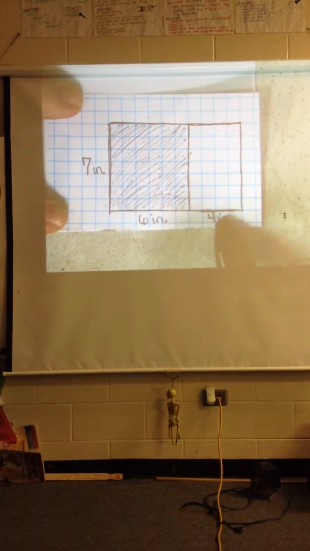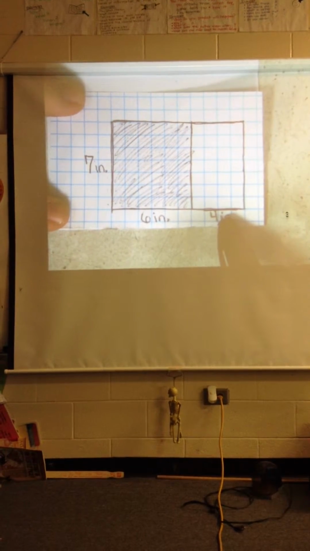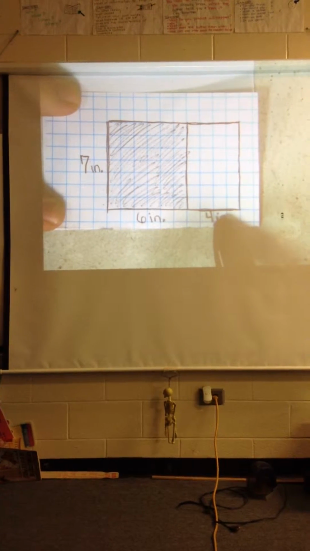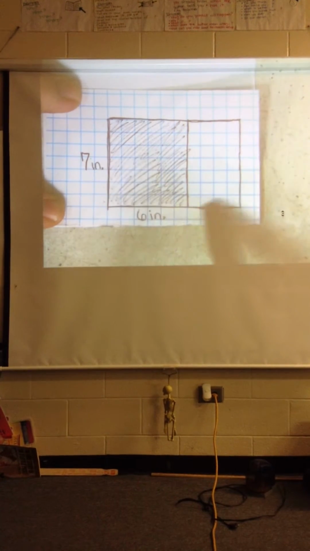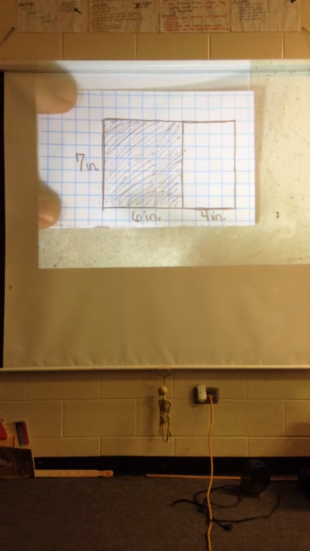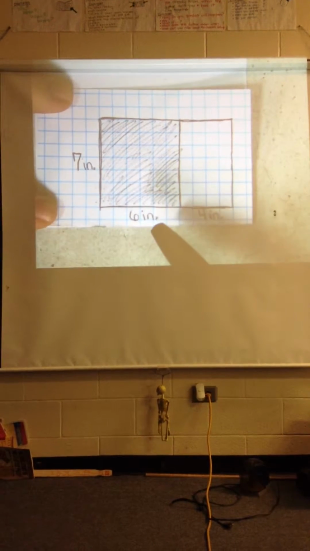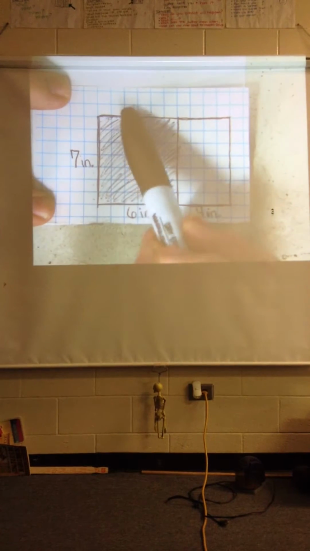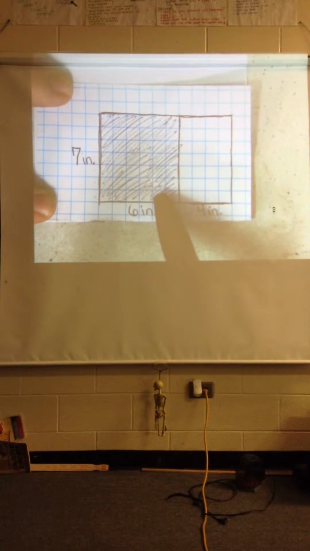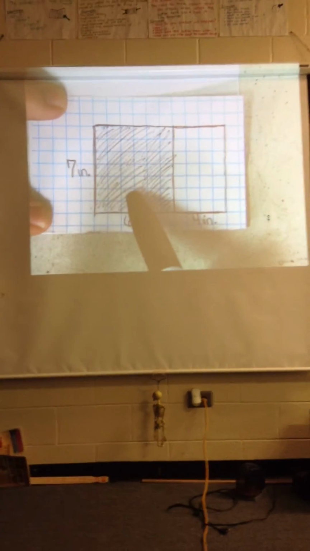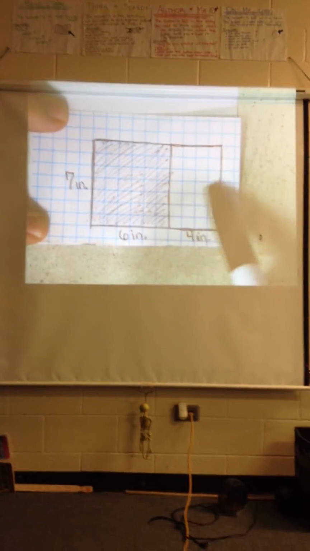Their width of the garden was 4 inches. How much area do the two gardens have combined? So now I'm no longer looking at just this shaded part. I'm looking at our garden plus the other classroom's garden.